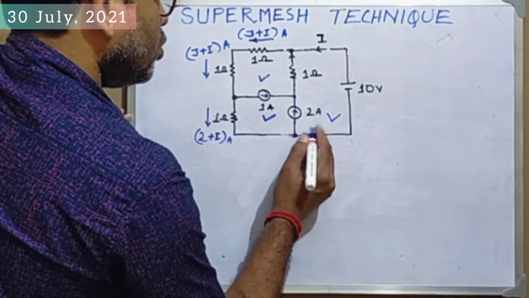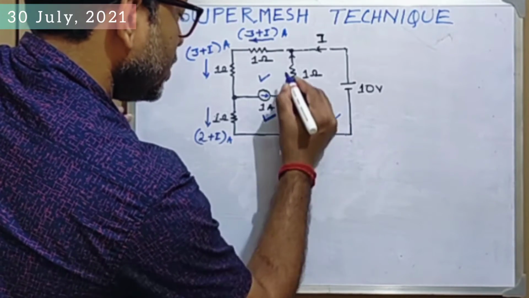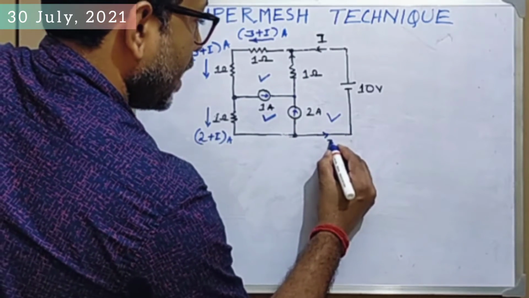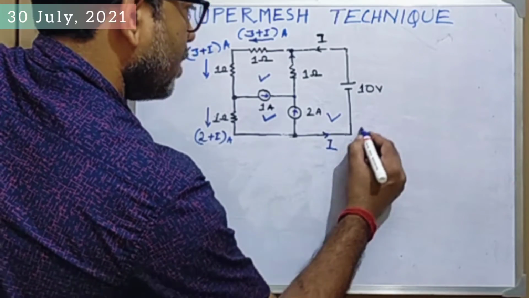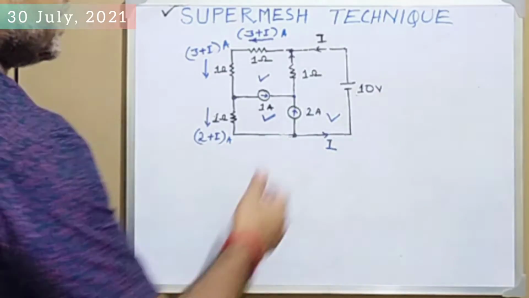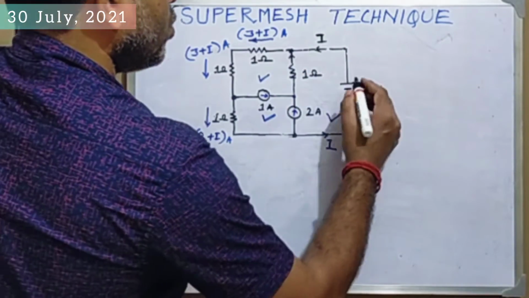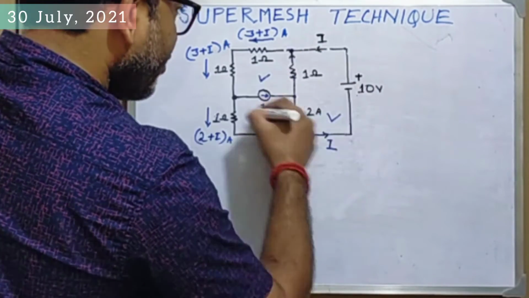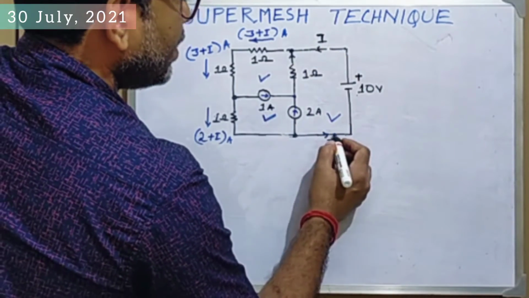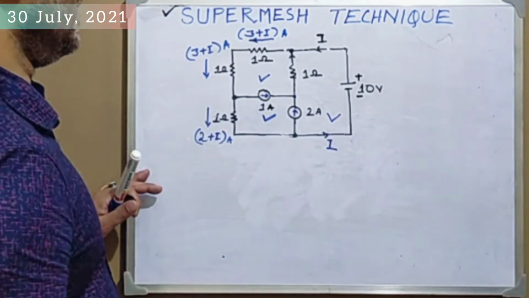At this node 2 ampere is entering, so the rest of the current is flowing through this. So 2 is entering, so I current is flowing and it comes back to the negative terminal of the battery source. That means I ampere is generated from the positive terminal of the battery source, and after traveling, the same current enters its negative terminal.